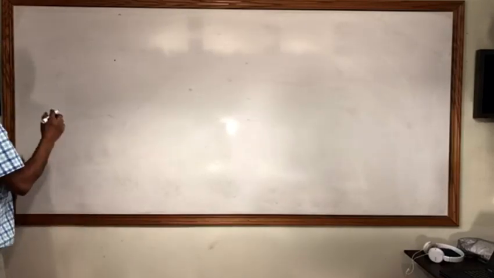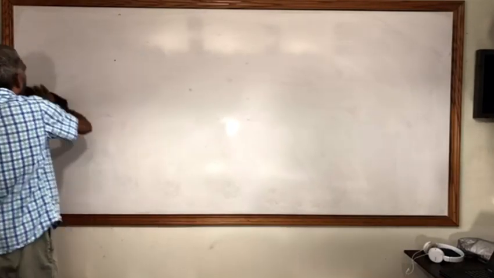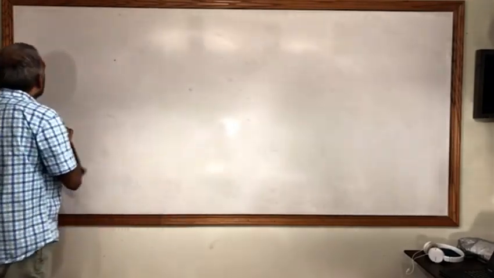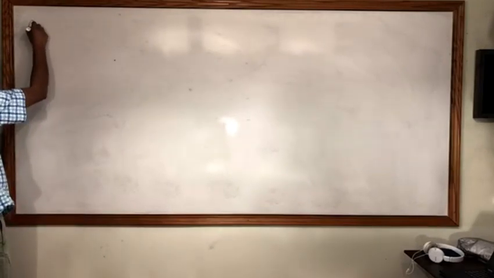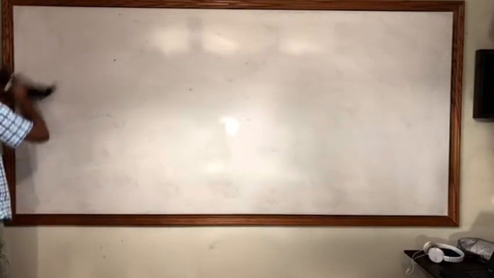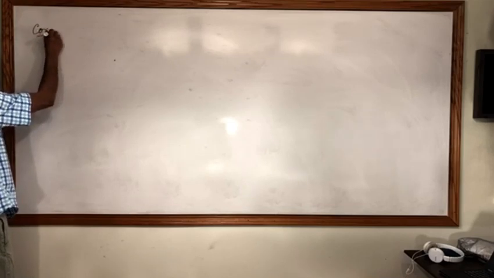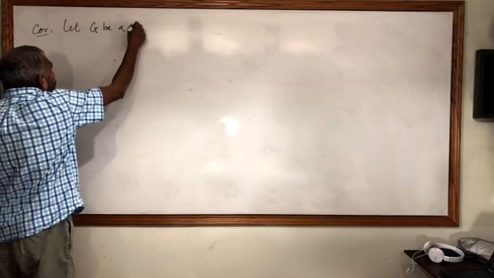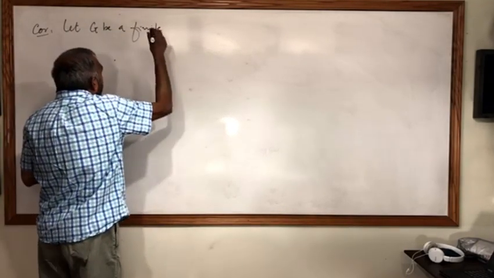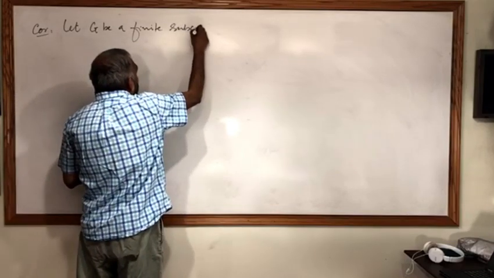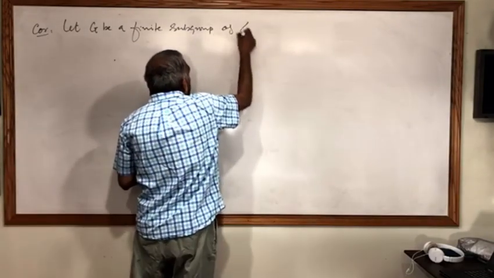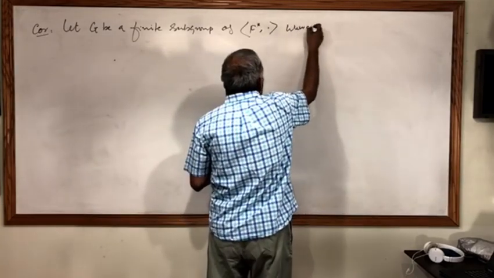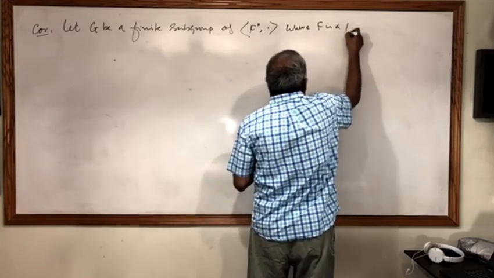We will do one more corollary of this division algorithm. Let G be a finite subgroup of F star under multiplication, where F is a field.